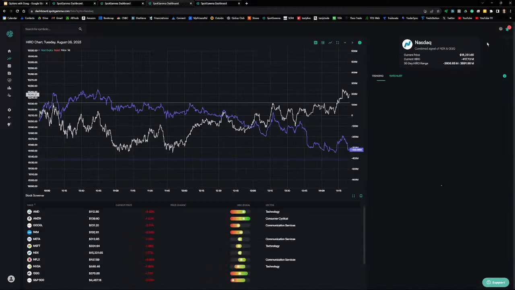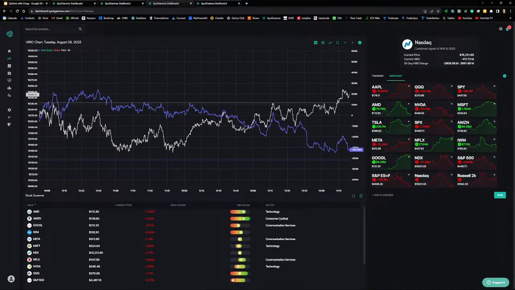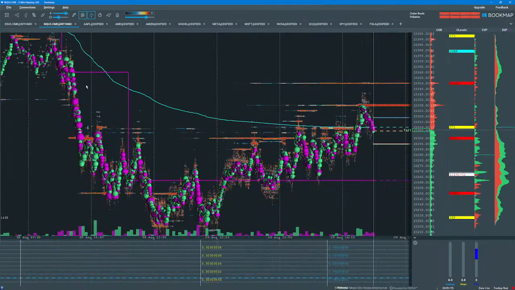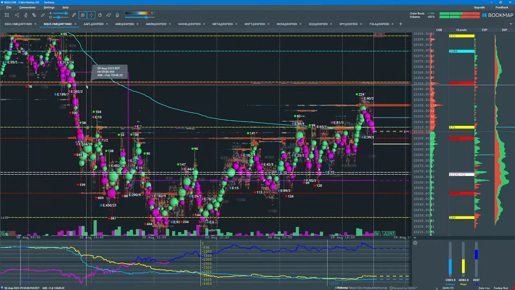Let's go take a look at Bookmap. All right, so the S&P 500 this afternoon is a little bit stronger than NASDAQ.